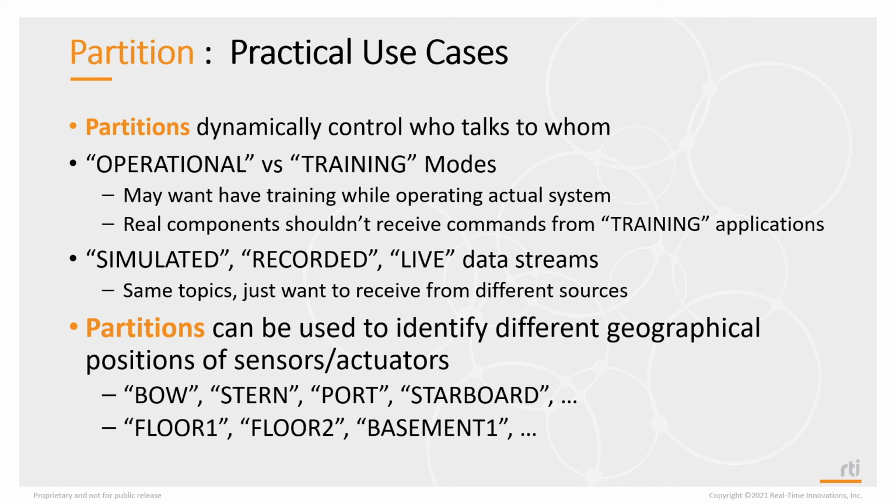So it's the same set of topics, except it's simulated data or recorded data or live data. So you may want to select between those. And again, in our example that we used before, partitions can also be used to identify different geographical positions, and then you could select who or which sensor you're actually trying to talk to or get information from.